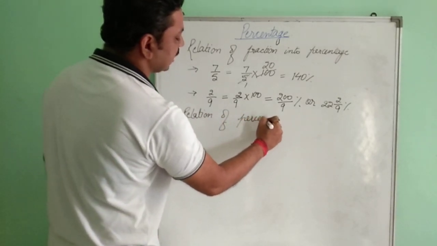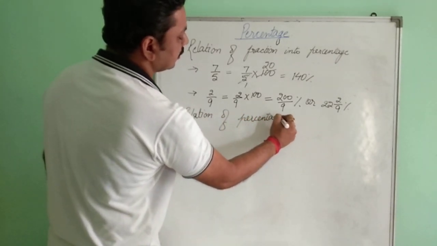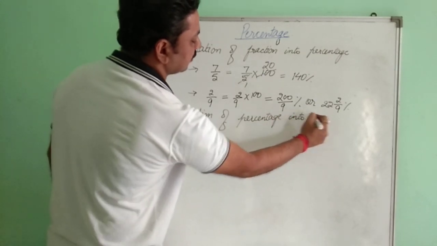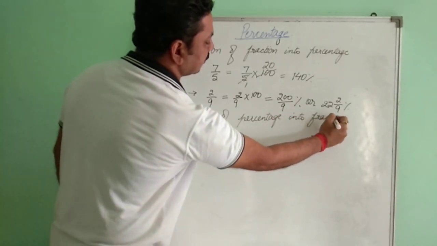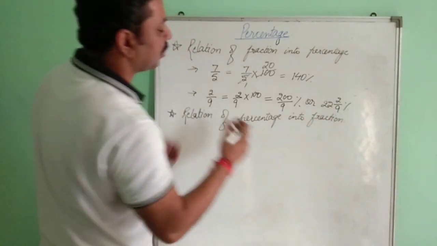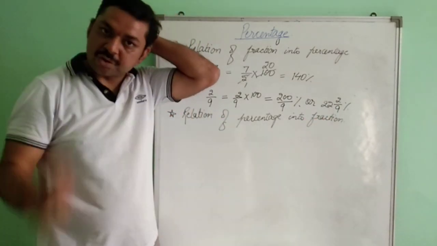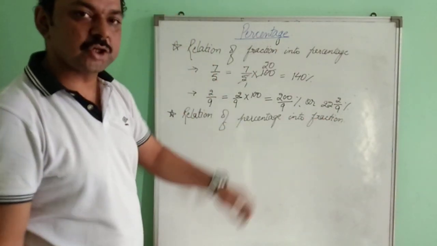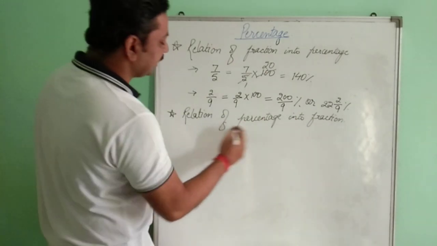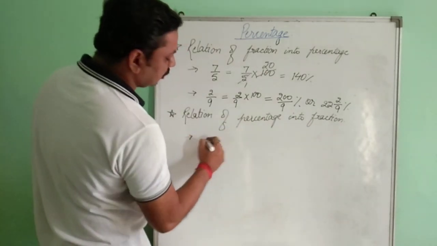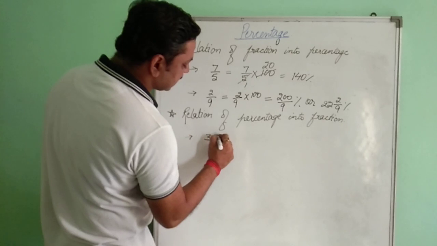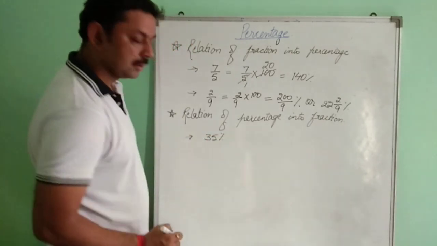Second relation, the relation of percentage into fraction. You have the percentage and you need to convert it into a fraction. So you have the percentage value, that is 35%, let's say. Clear?